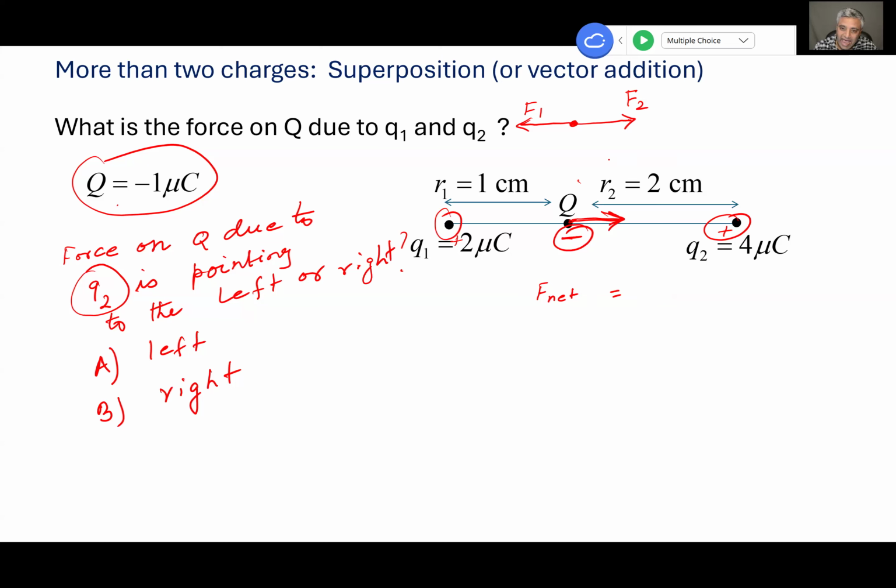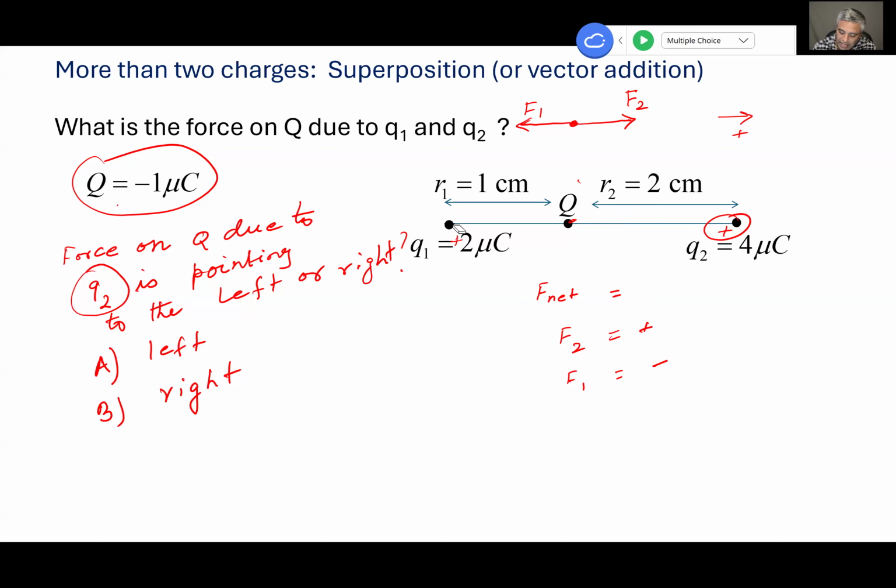To add them, remember, we cannot add left and right until we assign the sign for the direction. So let's say this is positive. That means F2 is positive and F1 is negative. So we know the sign.